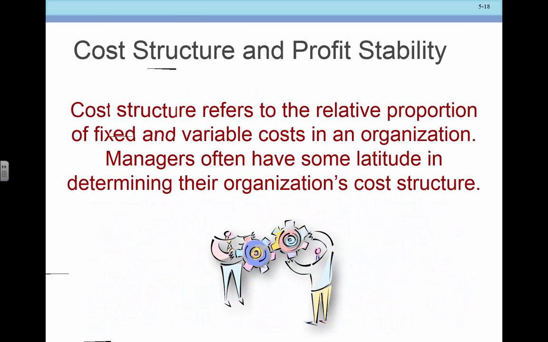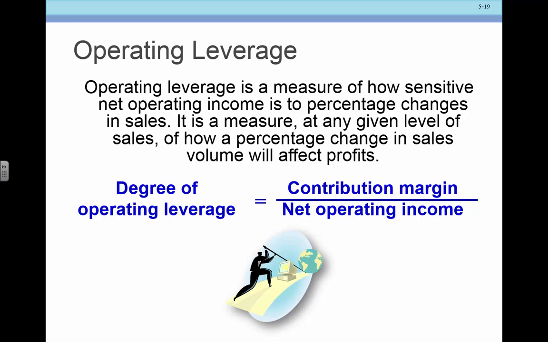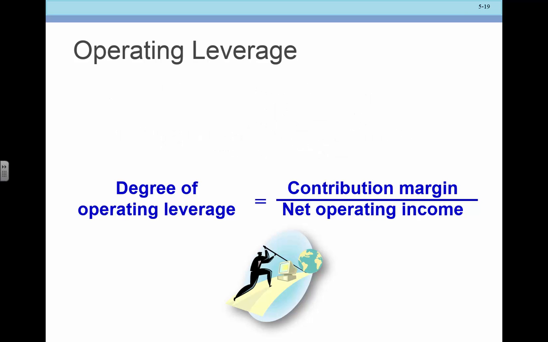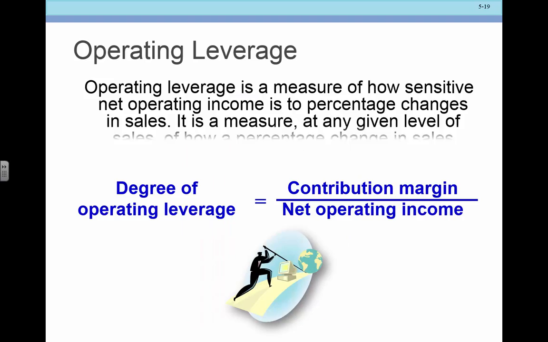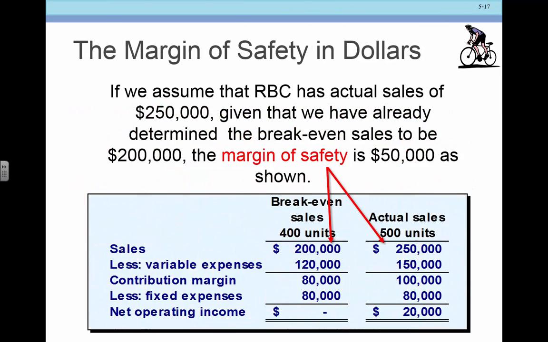Yep, 5. My degree of operating leverage is 5. The calculation is CM of 100 grand divided by net operating income of 20,000. So 5 times.